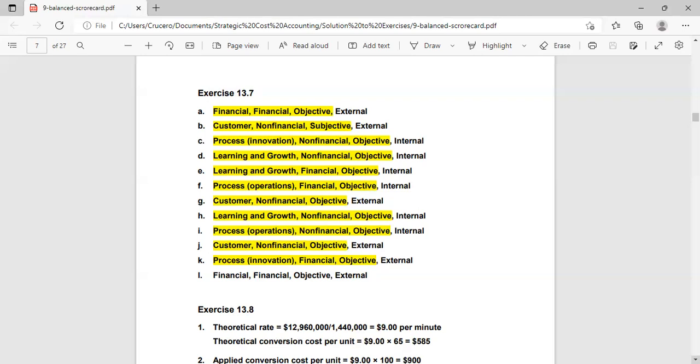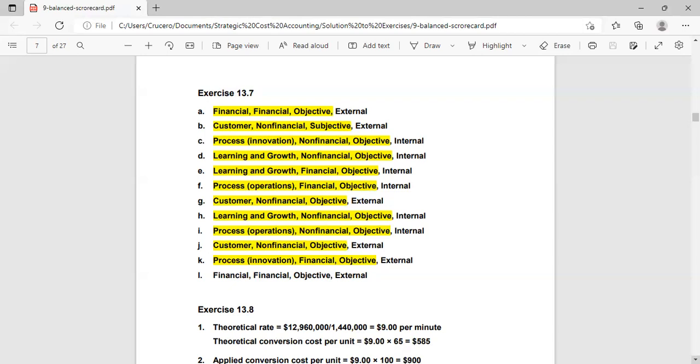Then letter G, percentage of market. It's customer related, non-financial, objective, and external. Then letter H, employee turnover percentages, still learning and growth, non-financial, objective, and internal.